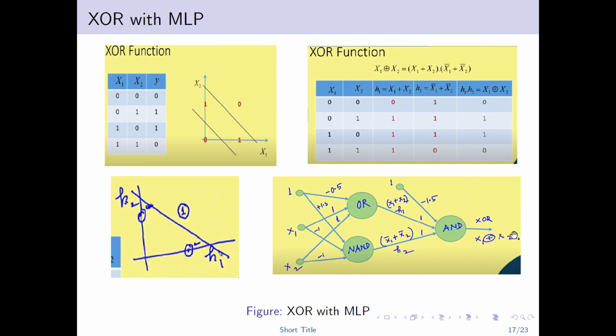Then we get a linearly separable line. That is the representation power of multi-layer perceptrons. The hidden layers are capable of capturing the complex representations of the data, allowing a linearly separable line after that.